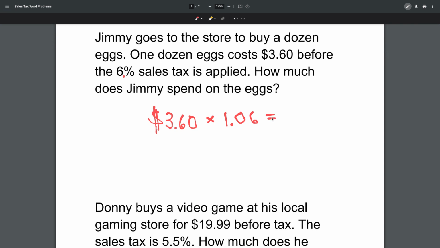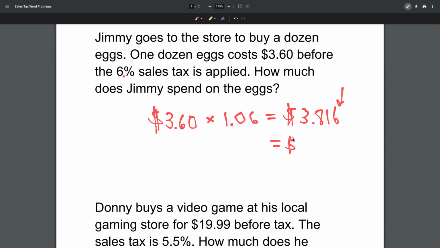And when we do that, on my calculator here, 3.60 times 1.06, we get 3.816, right? But we want to round it to the nearest penny. So we have to look here to the thousandths place. Since this is 5 or greater, we're going to round up.